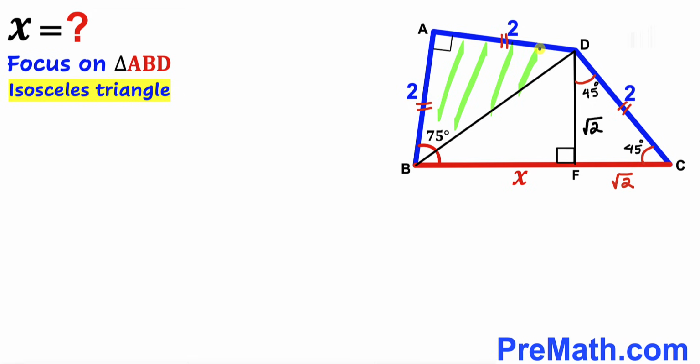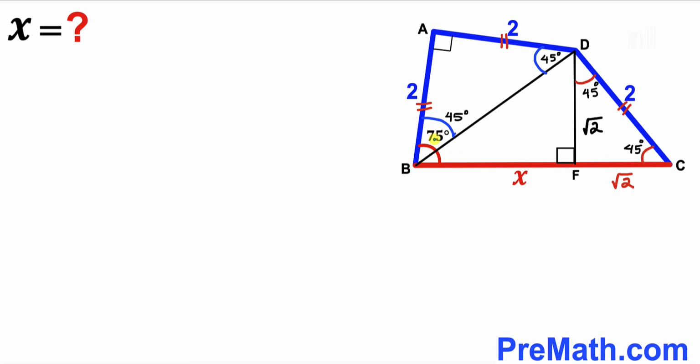So therefore we conclude that these two angles are going to be congruent as well. So therefore this angle has got to be 45 degrees and this angle is going to be 45 degrees as well. And now let's make an observation. We can see that this whole angle is 75 degrees and this angle is 45 degrees. So therefore we conclude that this remaining angle has got to be 30 degrees.